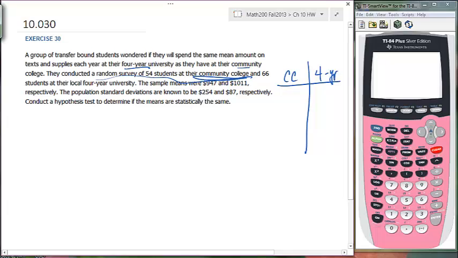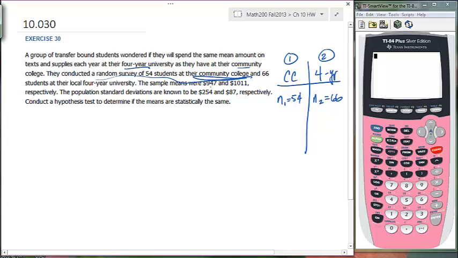We can start off with an n of 54 students at their community college. So let's call this sample 1 and sample 2. For sample 1, the community college, there's 54, so we'll label that as n1. And for the four-year university, there's 66 students.